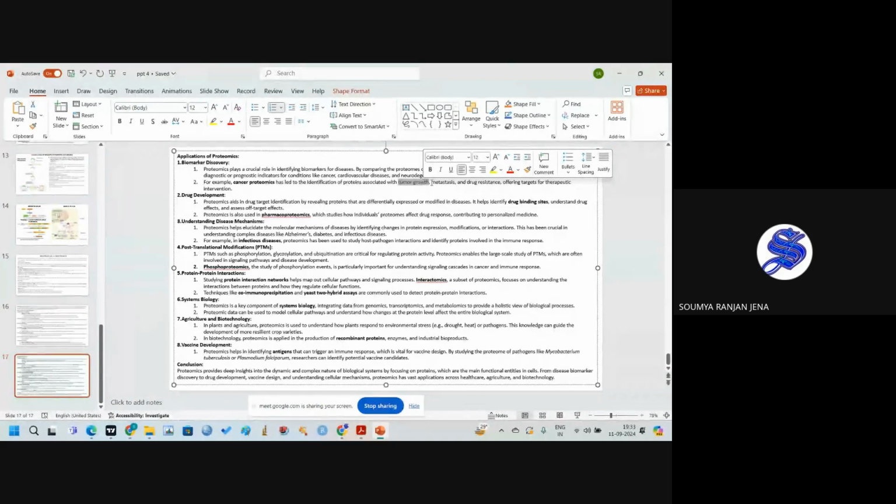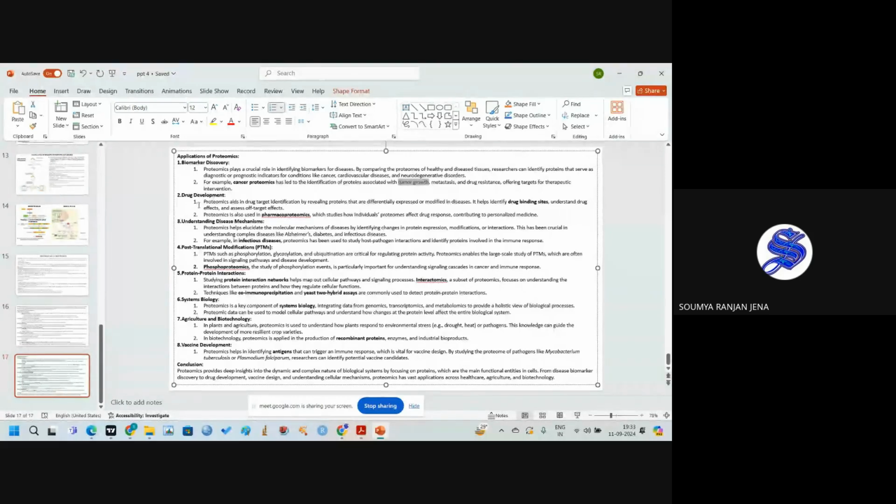Metastasis means travel of the tumor cell to different organs, like from breast cancer, it metastasizes to colon or liver or kidney. And for drug resistance, which protein is overexpressed during the treatment of drug can be found by cancer proteomics, offering a target for therapeutic intervention.